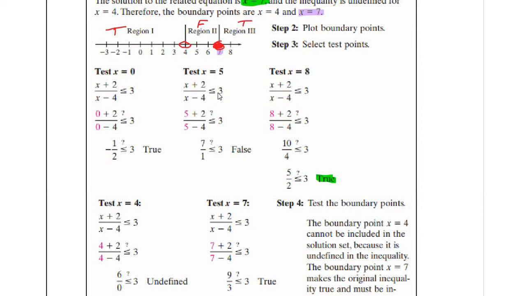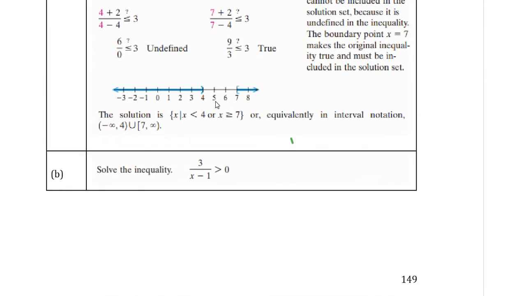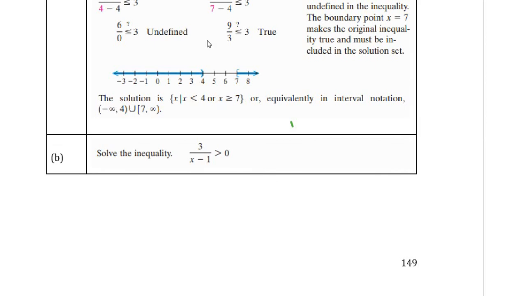And then I need to give my final answers, and that is for the true regions. So here I've indicated everything that is true. This was true, and this was true. This is excluded, and this is included. I can indicate it with the square brackets and with a curly bracket, or the little hole here.